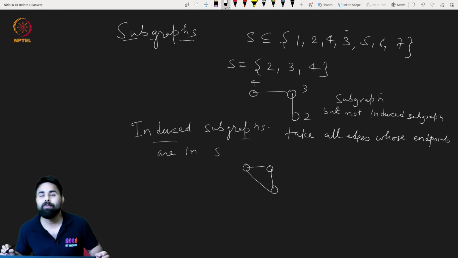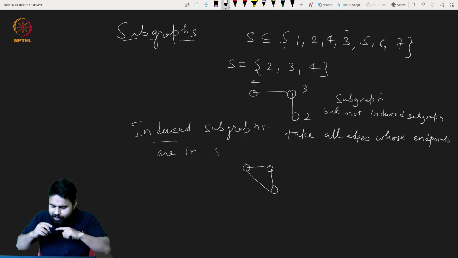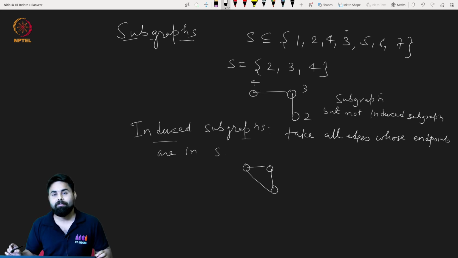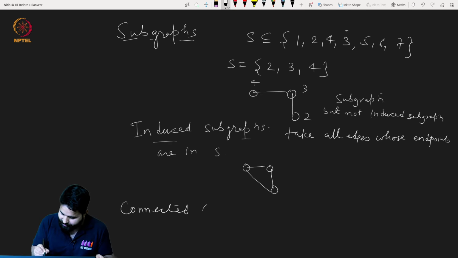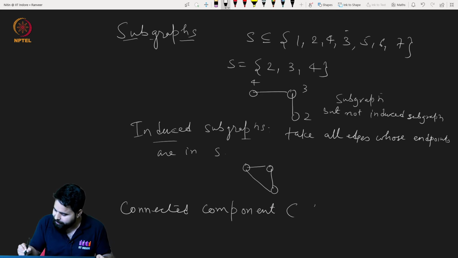Now let us move to maybe the final concept that we will require for giving you that magical question: the concept of components, or rather connected components. Many times I will be using this simply as component.